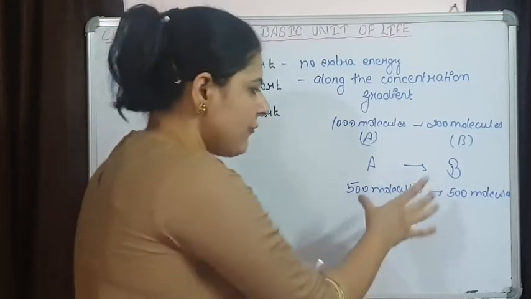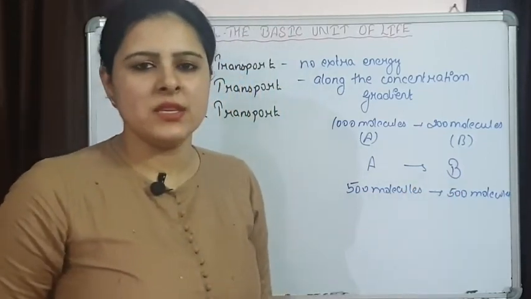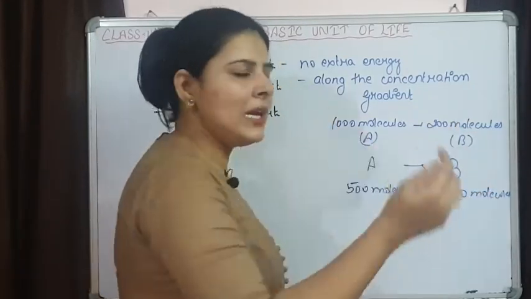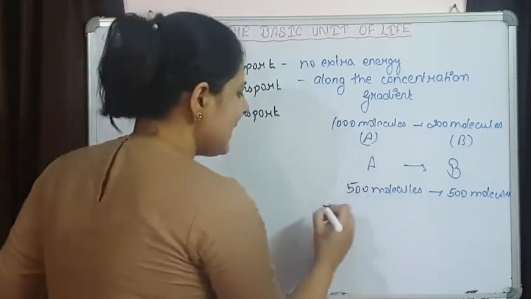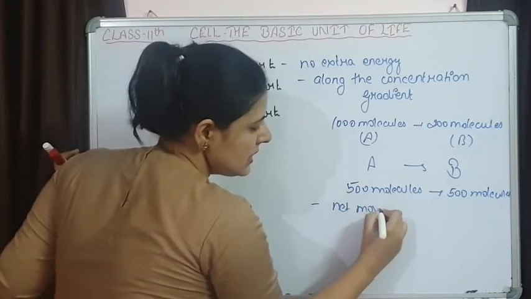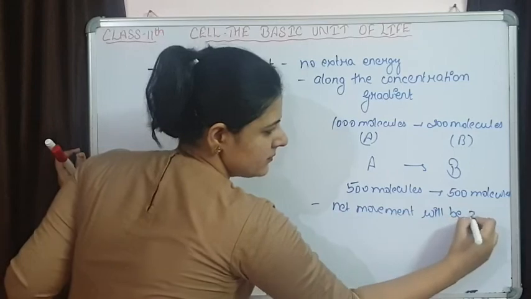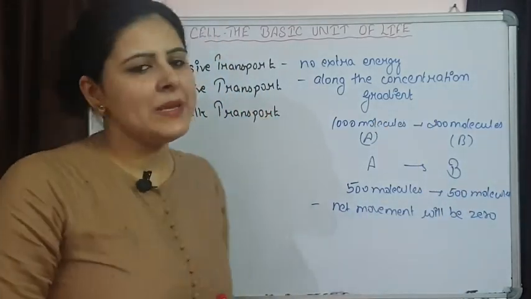So after reaching this stage of equalization, molecules that are moving from A to B will be equal to the movement of molecules from B to A. So we said that at this point the net movement is going to be zero. This is about passive transport.